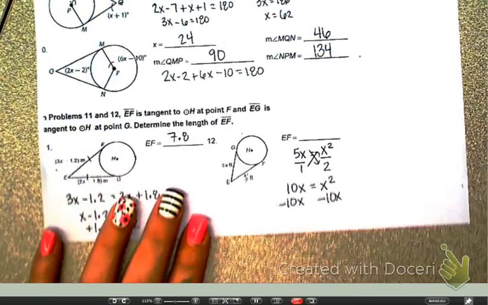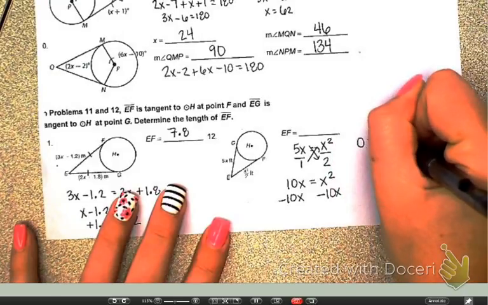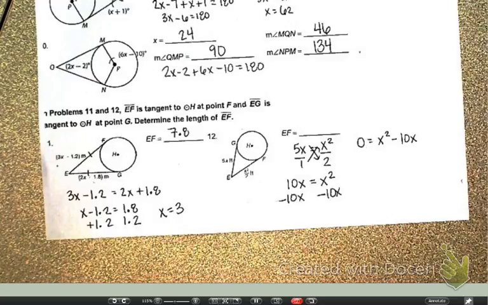Because that gives me 0 equals x squared minus 10x. What do I do with that? No, we're not putting the 10 back. The 10's going to stay there. What do we do with that?